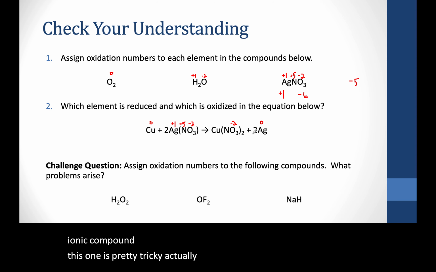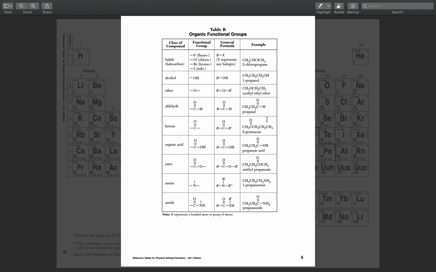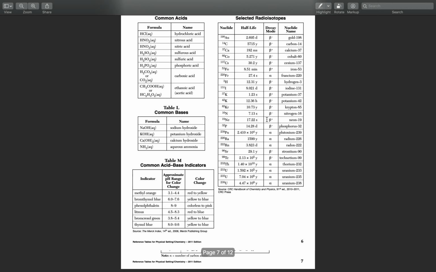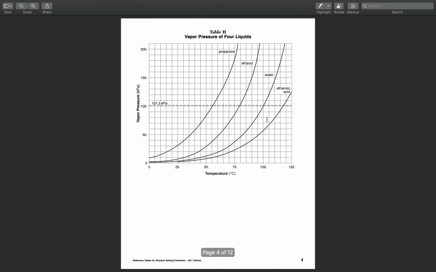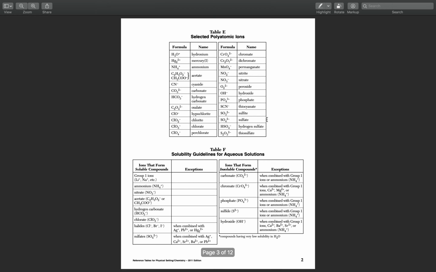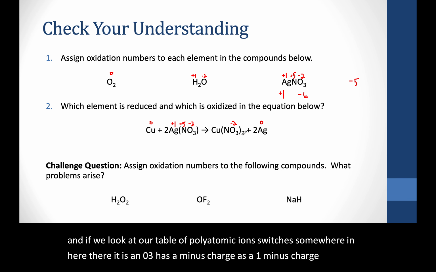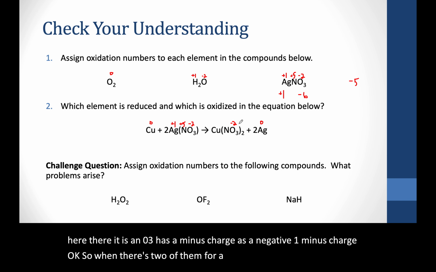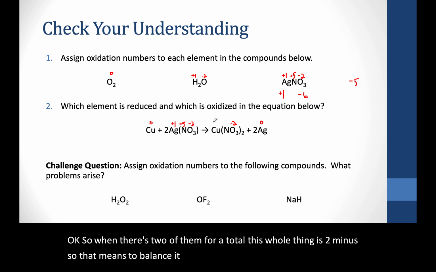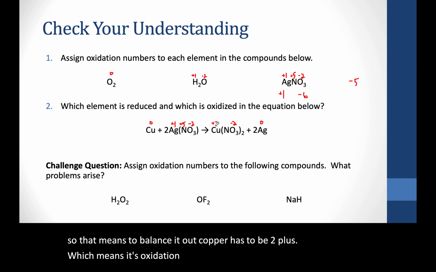So NO3 is a polyatomic ion. And if we look at our table of polyatomic ions, which is somewhere in here, there it is. NO3 has a 1 minus charge. And there's 2 of them, for a total, this whole thing is 2 minus. So that means to balance it out, copper has to be 2 plus, which means its oxidation state is +2.